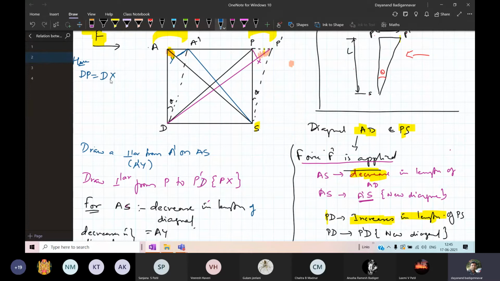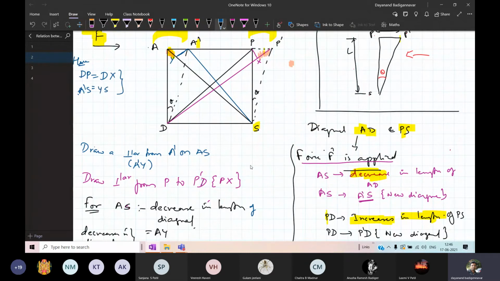Why? Because I have drawn a perpendicular. The second one is A dash S. Where is A dash S? This is A dash S, with A dash here as well as S here. So A dash S is equal to ys.